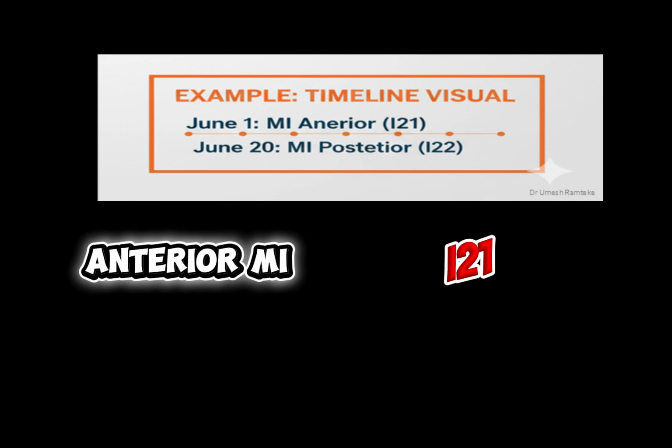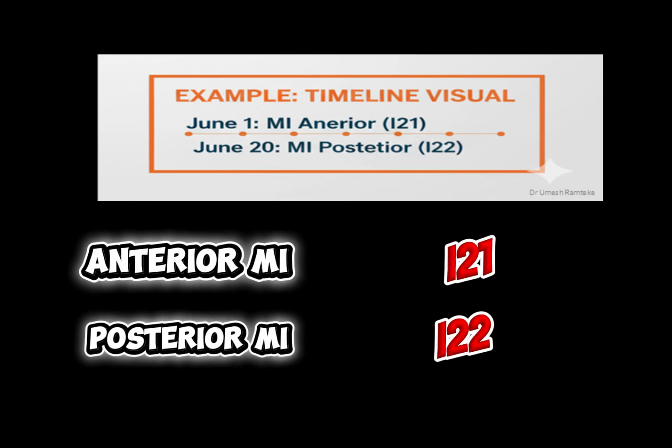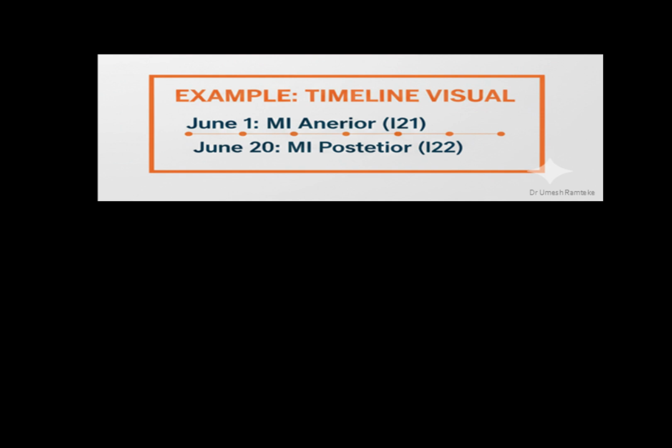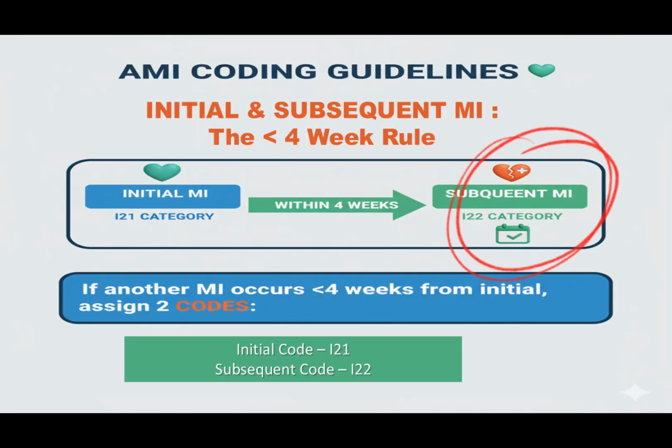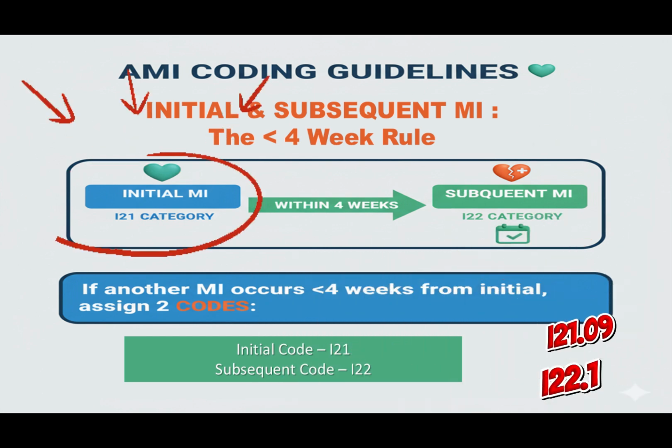June 20th, posterior MI, I22. Let's look at another example. A patient is admitted today with inferior STEMI who had anterior STEMI 15 days ago. So we code inferior STEMI today, I22.1 as subsequent, and anterior STEMI 15 days ago, I21.09 as initial. This is because the second MI happened within 4 weeks.